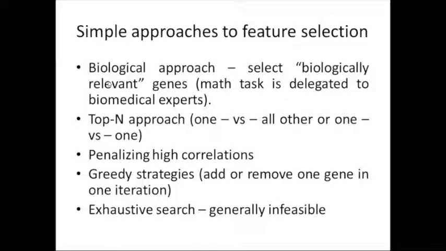Or alternatively, we can perform all pairwise comparisons, the first class versus the second, the first class versus the third, and so on, and select top-N differentially expressed genes in each of these comparisons, and then combine these top-N lists into one that will be used by gene signature.